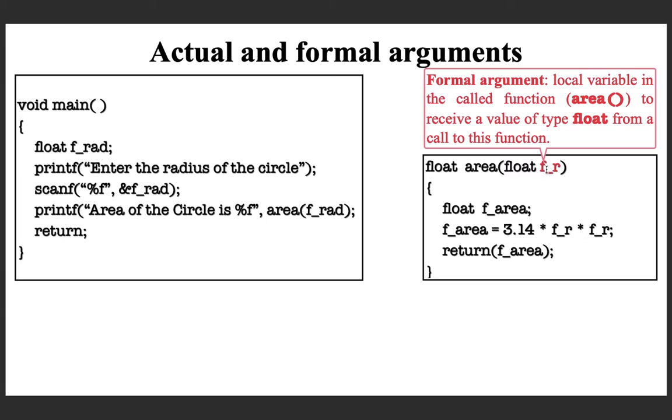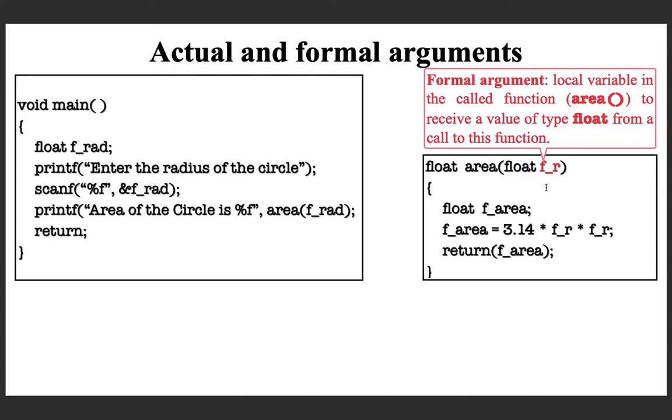So the argument which is declared in the called function is declared as a floating point argument. That means it can receive a value of the type float or type compatible with float, meaning it could be double or it could be int. If you pass an int, that can also be received. So that is a formal argument.